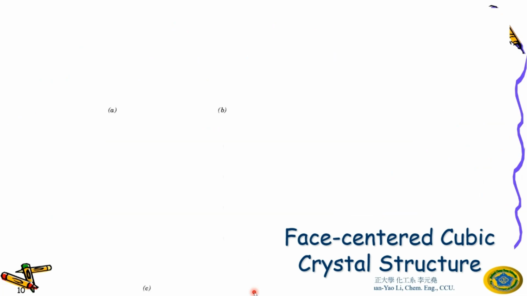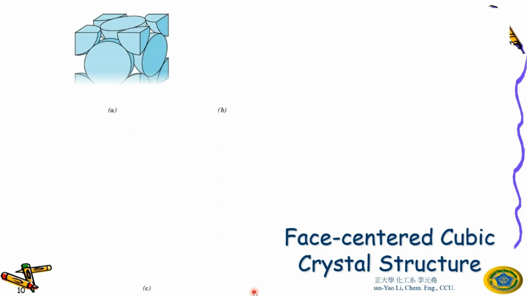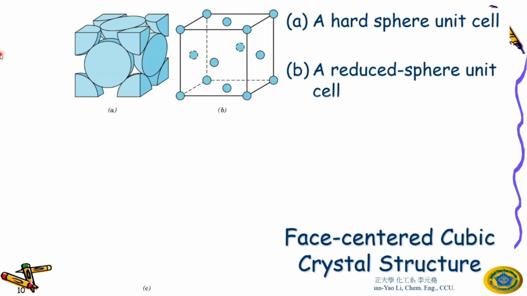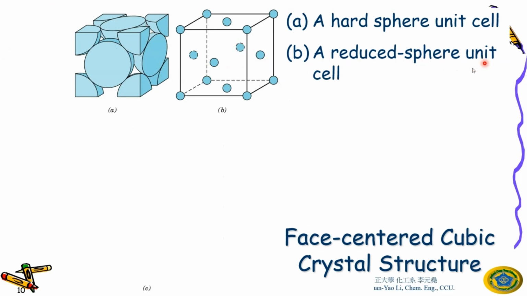So here is one example. We call it the face center cubic crystal structure. What is face center? This is a hard sphere model, so all the atoms are packed very closely to each other in this unit cell. And the second one is called a reduced sphere unit cell.